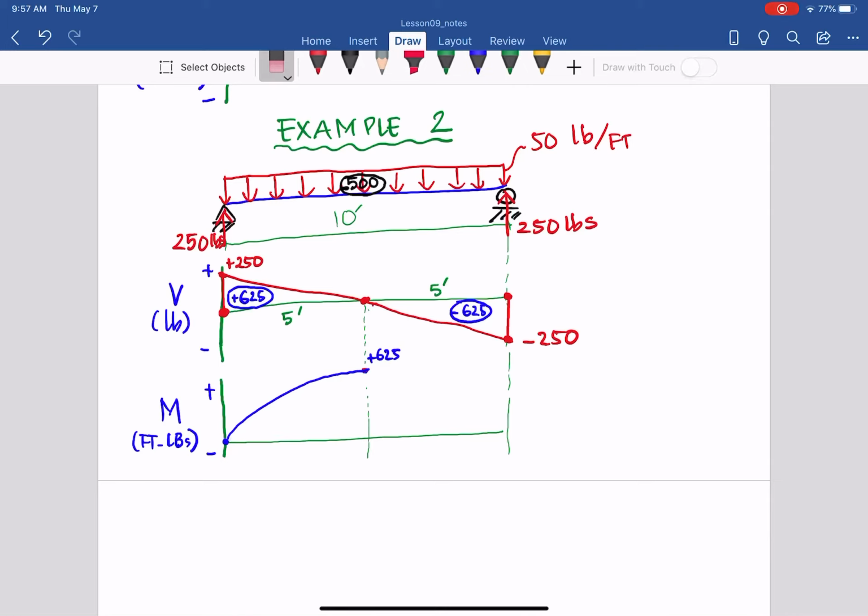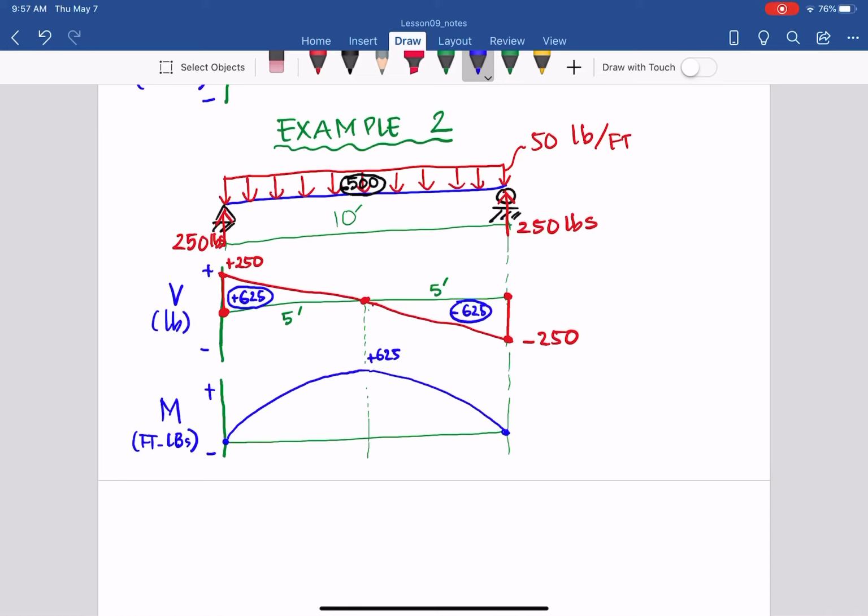So I have to erase that. And then negative 625. So from positive 625, negative 625. Then you also have to draw the same parabola and go to zero to the right, and that is the moment that we have. Right?